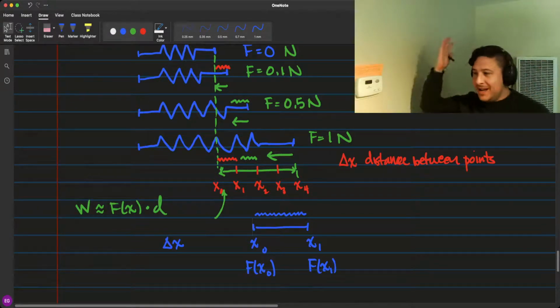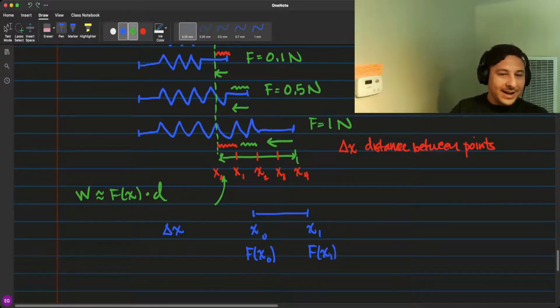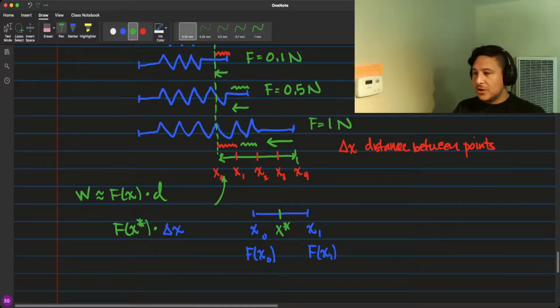Whatever it was in the middle is a pretty good estimation of what was happening over the whole thing. So x star, our midpoint, is a pretty decent estimation of what the force was over the whole thing.